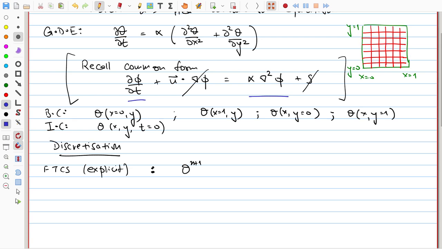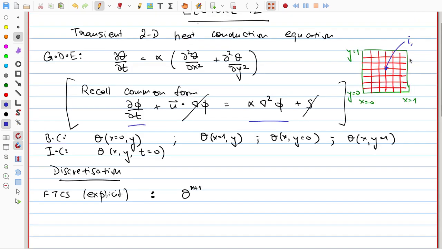So a point will have coordinates i comma j. If I give you the i comma j indices of any point on the two dimensional grid, you can find the corresponding x and y distances.